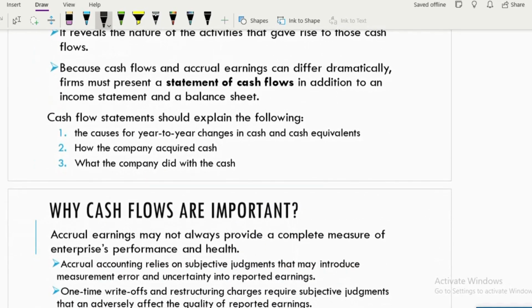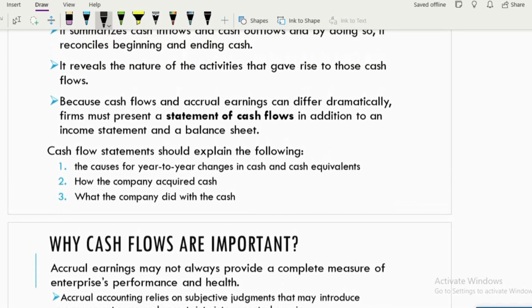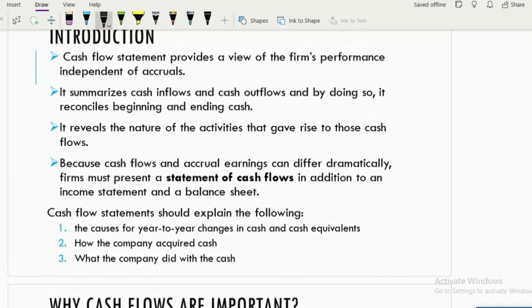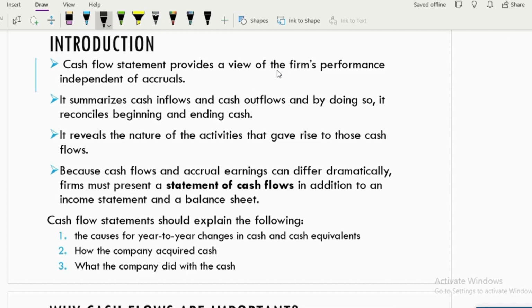Starting with the introduction of a statement of cash flow, what does it tell us? The cash flow statement provides a view of the firm's performance. We can also see the firm's performance from the income statement, but the income statement is prepared based on the accrual principle. A cash flow statement does not consider accrual accounting.